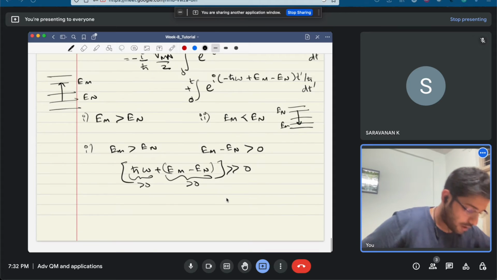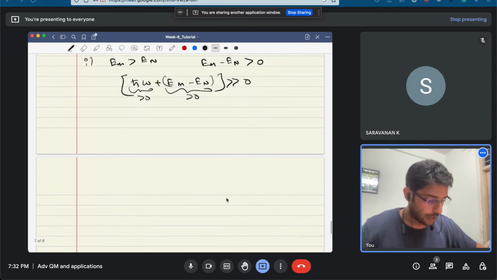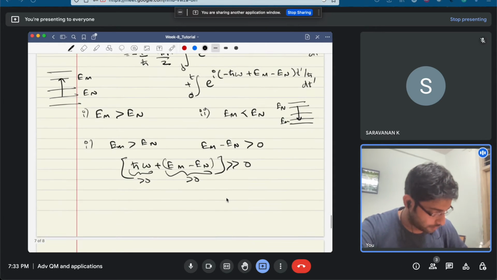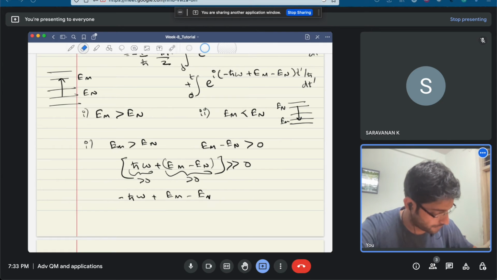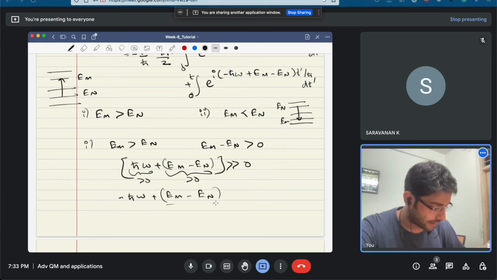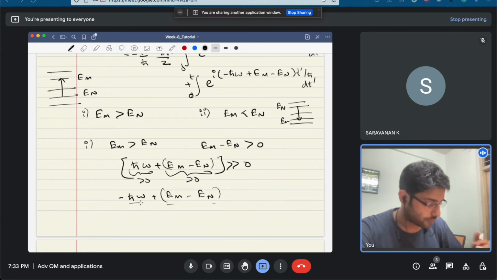Okay, now your other term has minus i h bar omega, Em minus En, where this term is greater than 0, and this term is negative, of course.